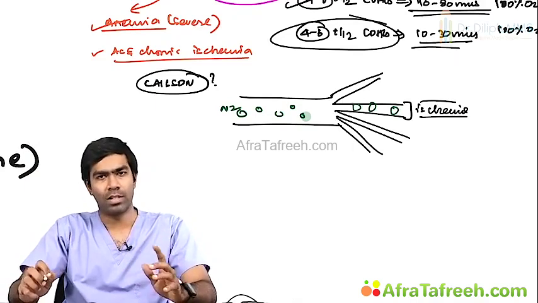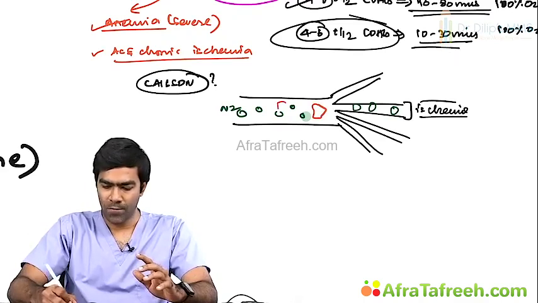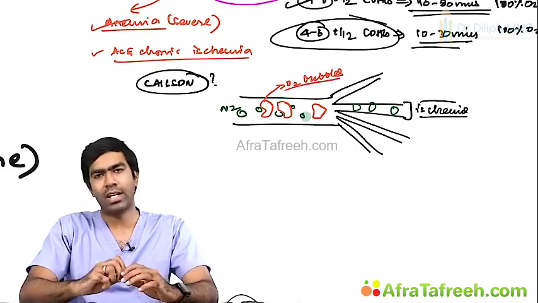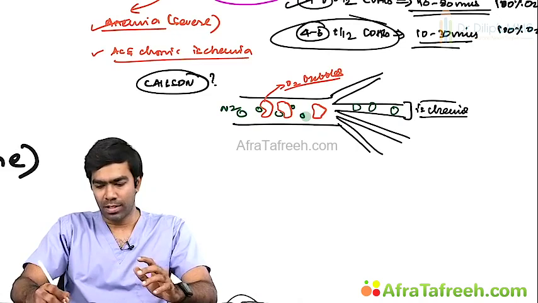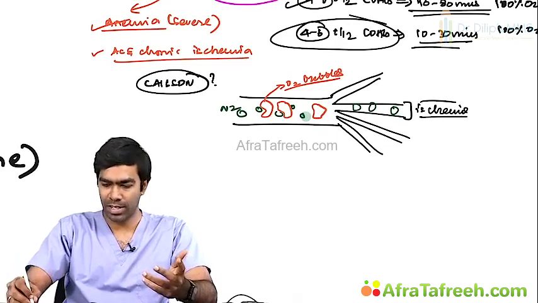How will hyperbaric oxygen therapy be helpful? Remember, hyperbaric oxygen therapy will create oxygen bubbles. One mechanism is that these oxygen bubbles will compress the size of the nitrogen bubbles.